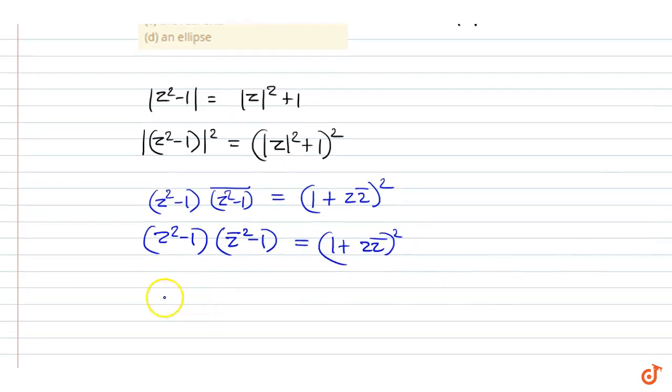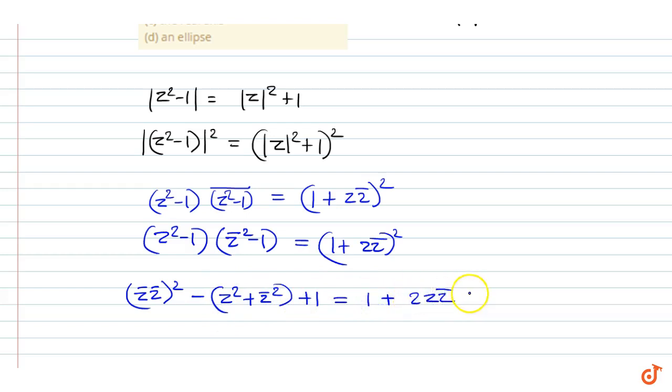Or we can write z square z bar square minus z square minus z bar square plus 1 equal to 1 plus 2 z z bar plus z square z bar square.